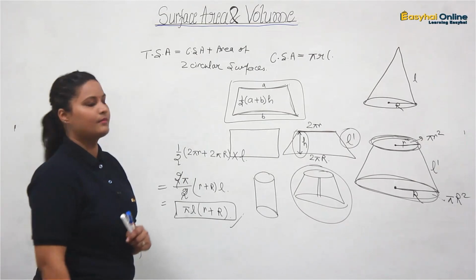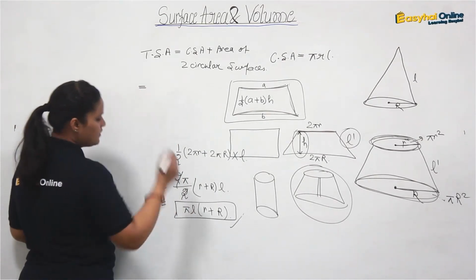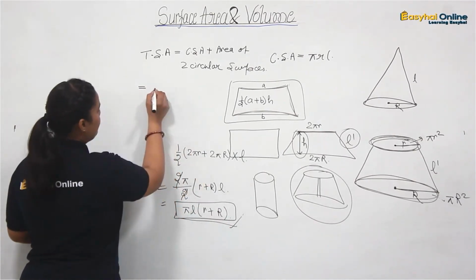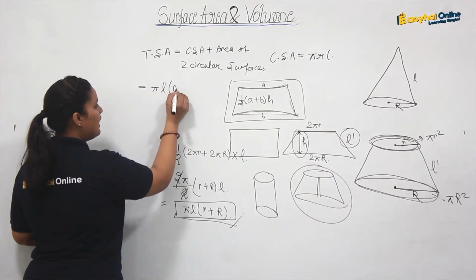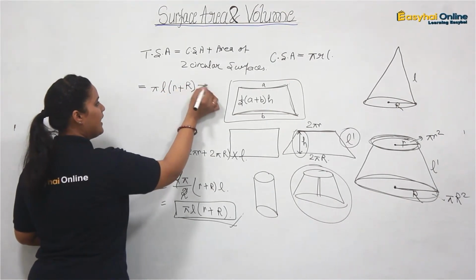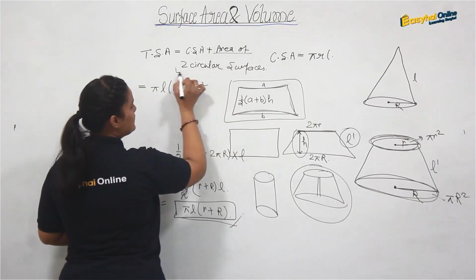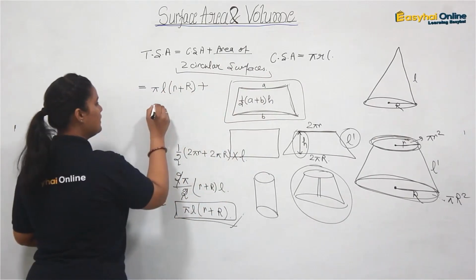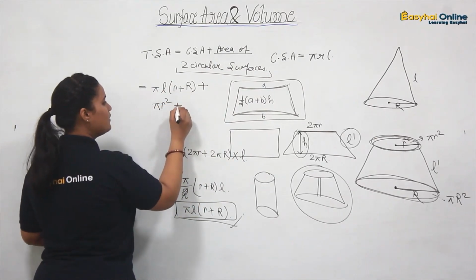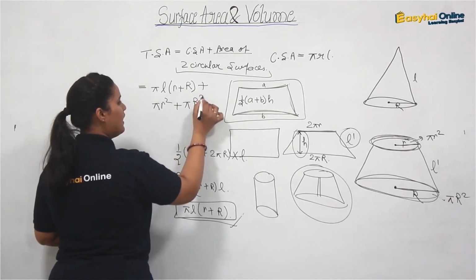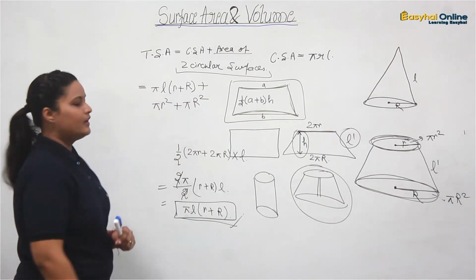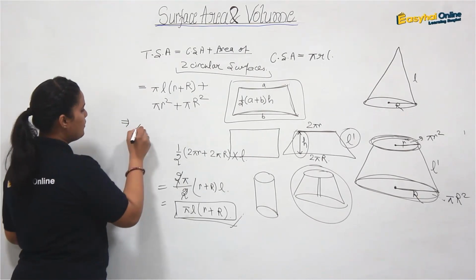Right, kids? Then, what is the curved surface area? It is pi L (r plus R), and the area of 2 circular surfaces will be pi r square plus pi R square. Now I can take pi as common.